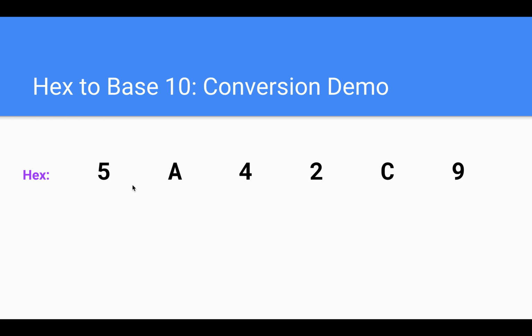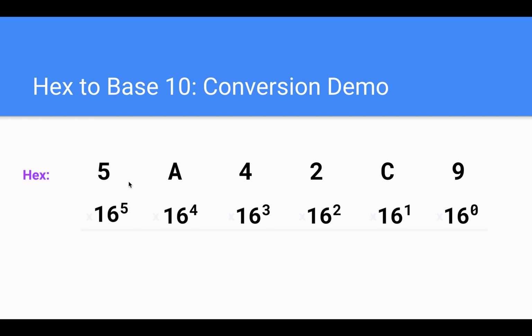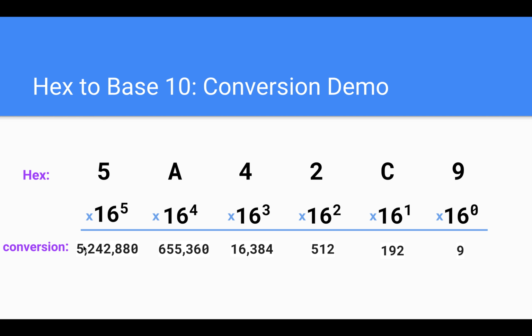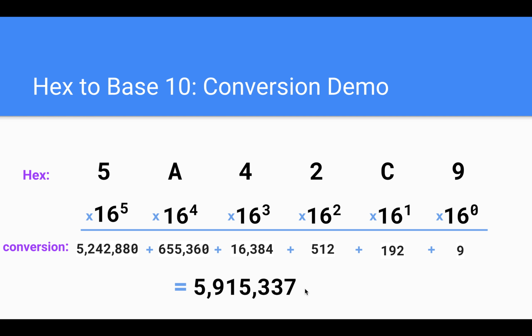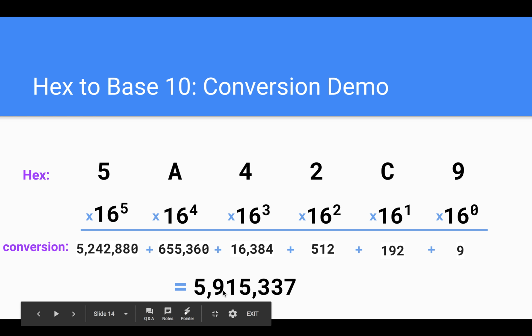So if we start with the same hex number that we just calculated on the previous example, and we look at the powers for those positions from 16 to the 0 all the way up to 16 to the 5th, and then we get the answers for those multiplications, and I'll add them all together. We'll get back that original base 10 number of 5,915,337. And that's the answer in base 10.